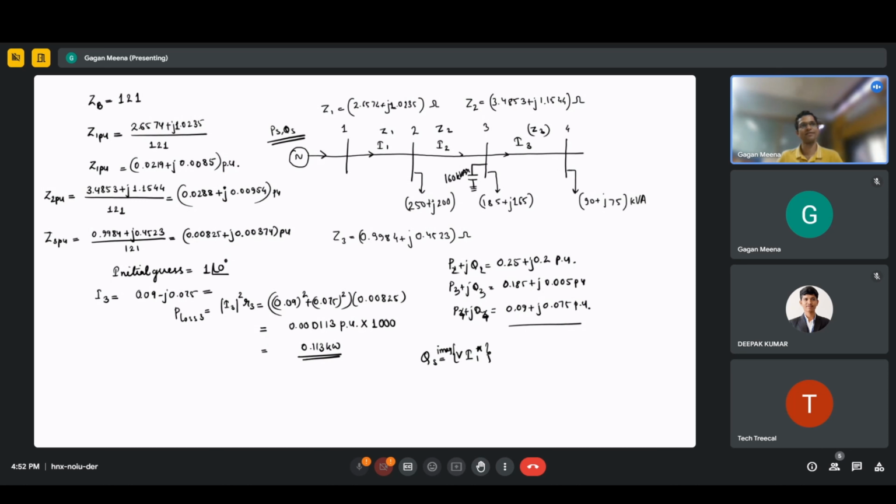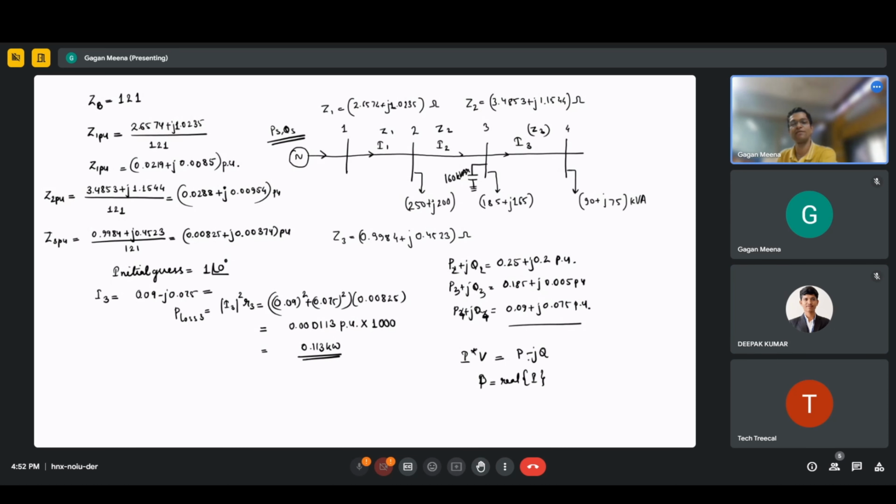Correct? Or we saw that I conjugate V is P minus jQ. V is 1. So P is... Sir, it's plus.